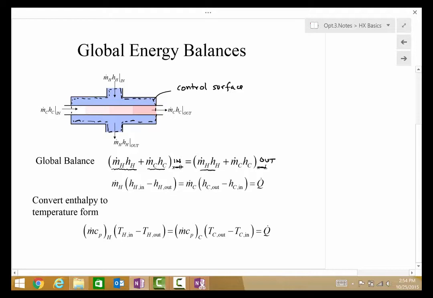So if we pull our ins, we have m dot h times the enthalpy difference between the hot fluid in and hot fluid out is equal to the change in enthalpy flow rate of the cold fluid between its out and its in. And we understand globally that this is equal to the transfer process that goes between those two flows. So Q dot is the heat transfer rate between the hot and cold fluids.